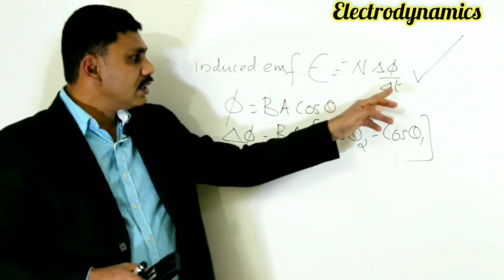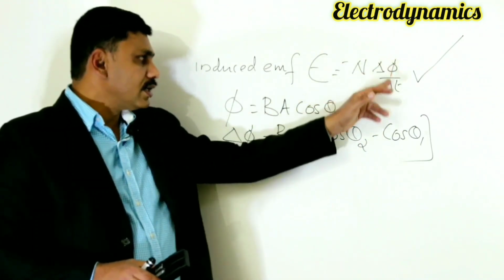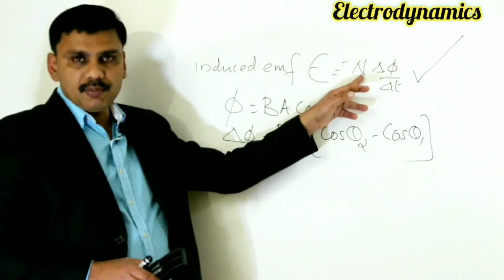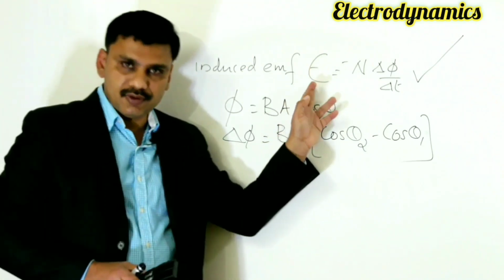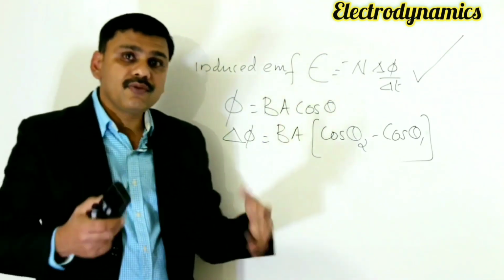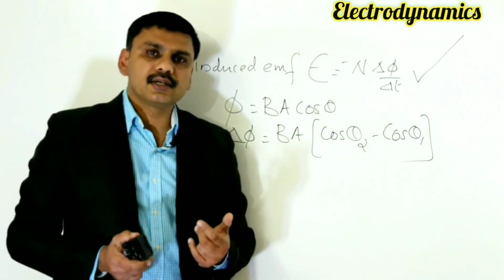It takes place in a time, so that is delta T. When you take delta phi divided by delta T and multiply with the number of turns, you will get induced EMF. In some question papers they are asking Faraday's law of electromagnetic induction.